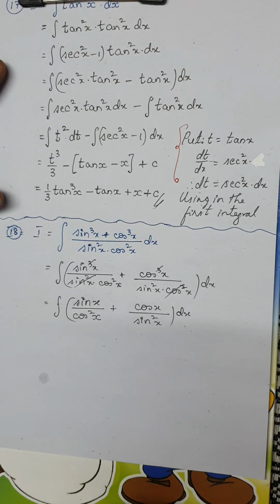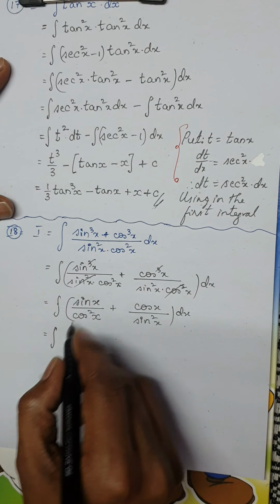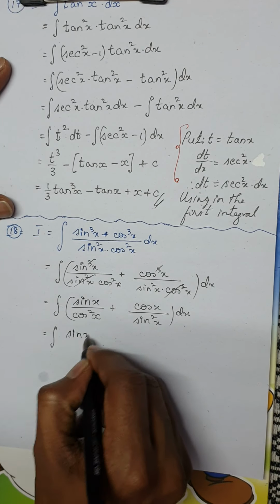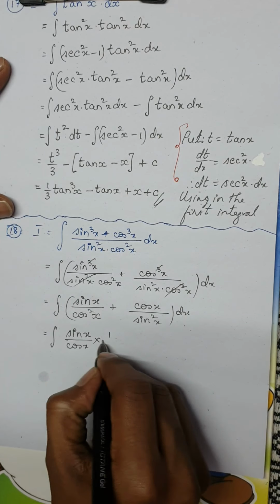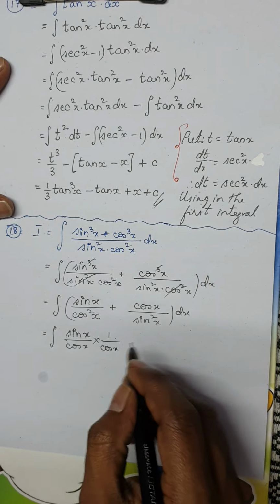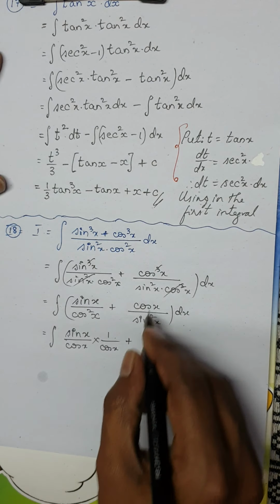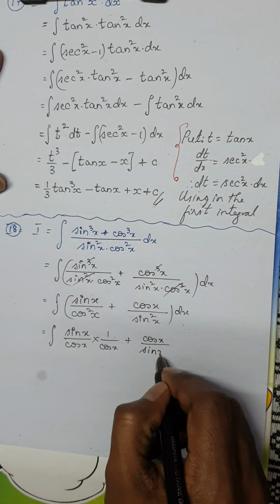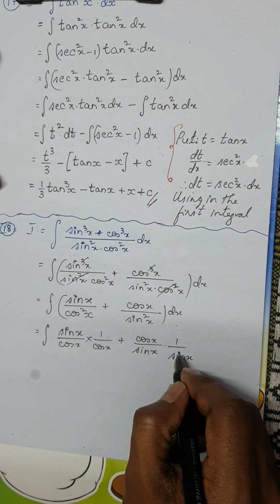I'm going to make some more small arrangement here. Once cos I'm going to take along with sin, so it is sin x divided by cos x into 1 divided by cos x. The first term I'm going to write like this, plus similarly cos x by sin x into 1 divided by sin x.